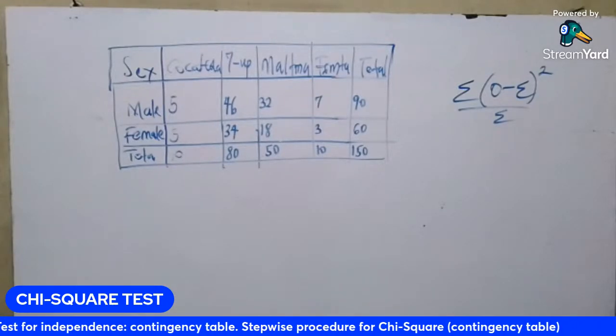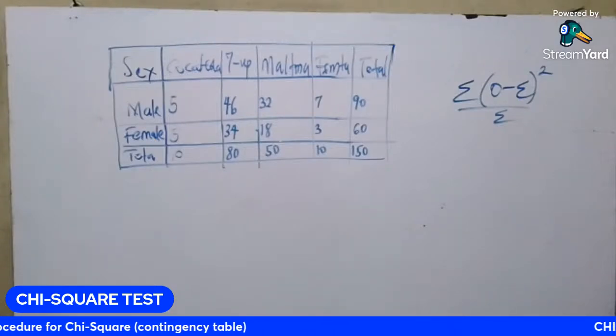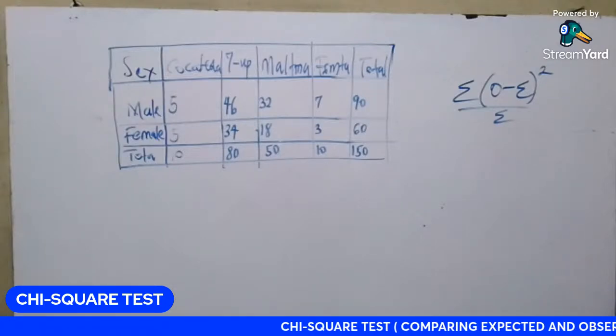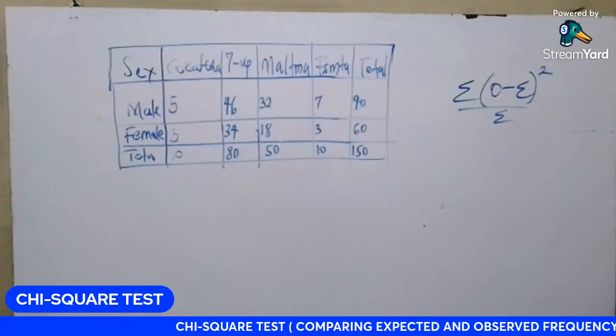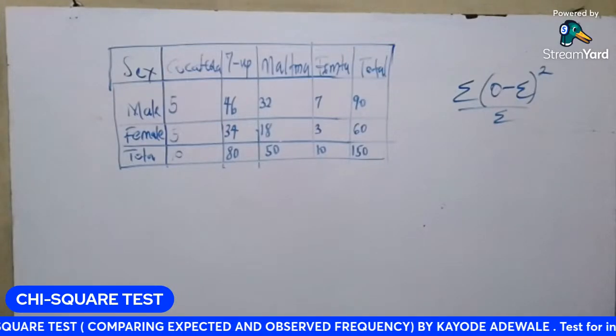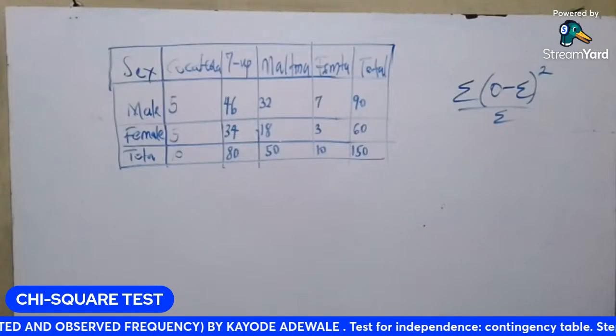When you look at the formula, the O is representing the observed, while the letter that looks like E is representing the expected, and the summation sign before this is talking about addition. In the previous video, we dealt with just one variable.